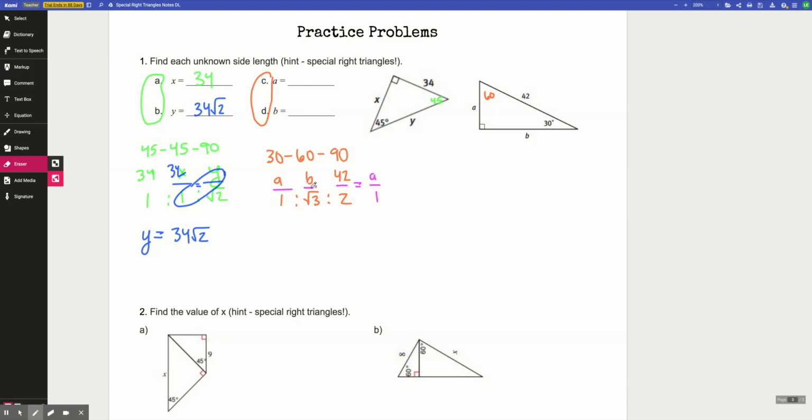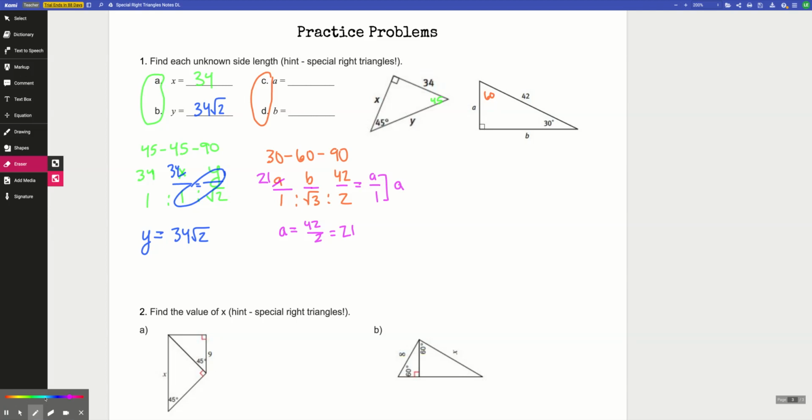That's the rule. That's how these ratios are set up. So I can see that A over 1, which is just A, equals 42 divided by 2, which is 21.